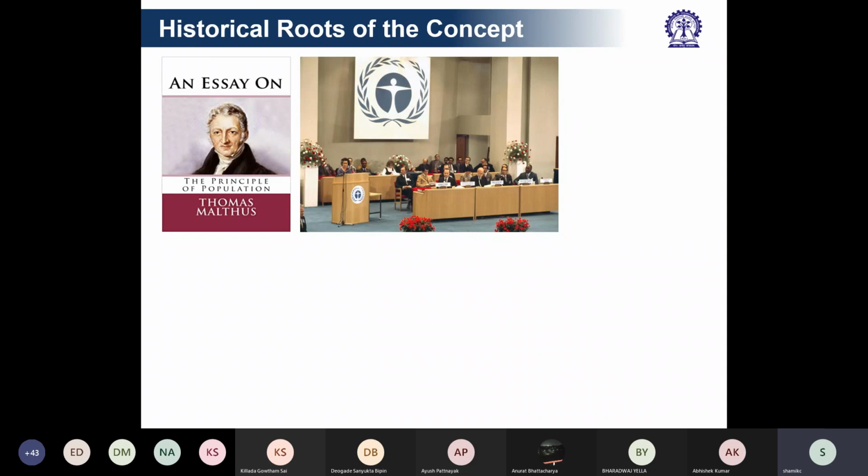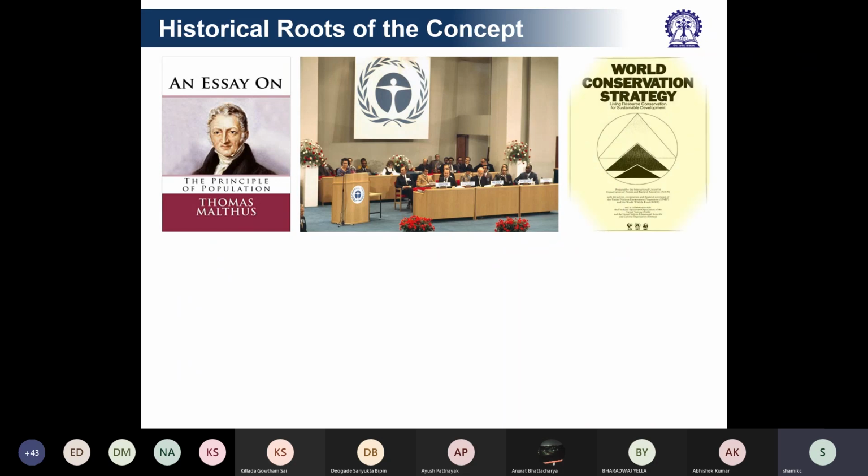This was the first conference which was focused on discussing the need of the future generations, or what could be the most important solutions, or how we can meet the resources of the poor people. So what you see in this picture is Mrs. Indira Gandhi then. So this is basically the 1972 Stockholm Conference. In the Stockholm Conference, it was singled out that the priority should be given to the poor people to meet their needs and so on.